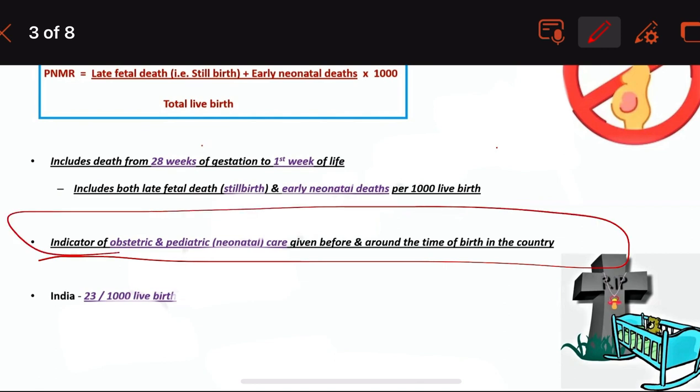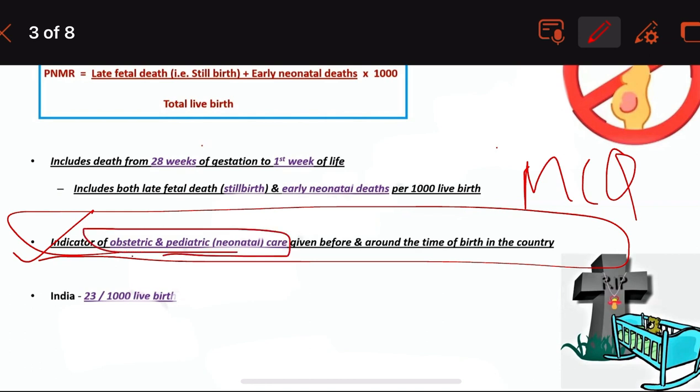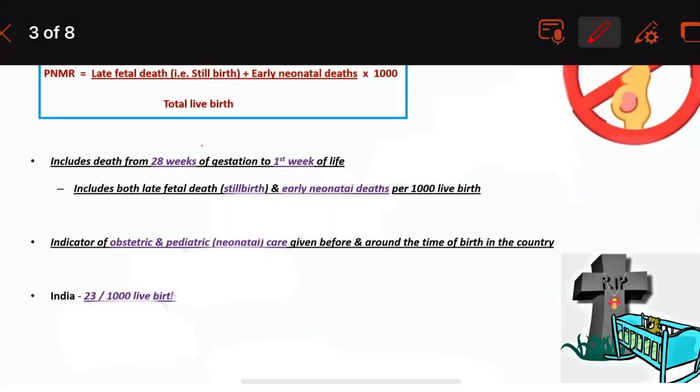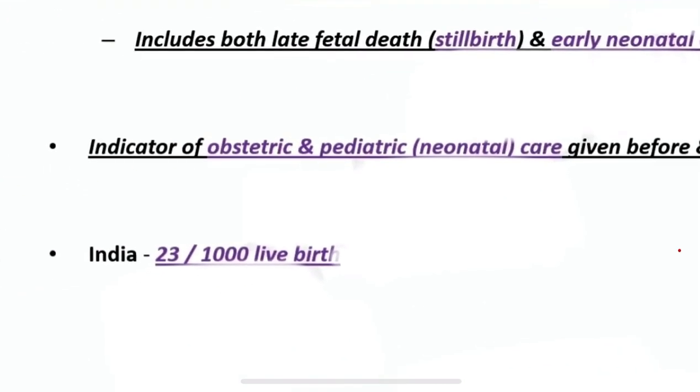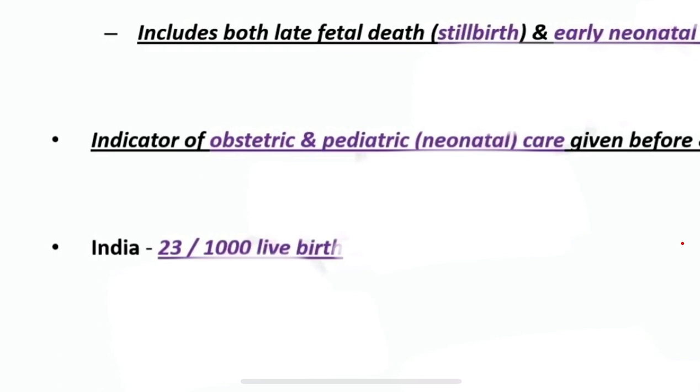Again, we have an underlined part, that is another MCQ. The indicator of obstetric and pediatric neonatal care given before and around the time of birth in the country. So this perinatal mortality rate gives us an indicator of the care. How effective and how good was the care given?